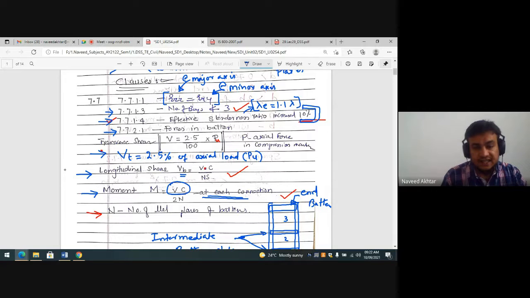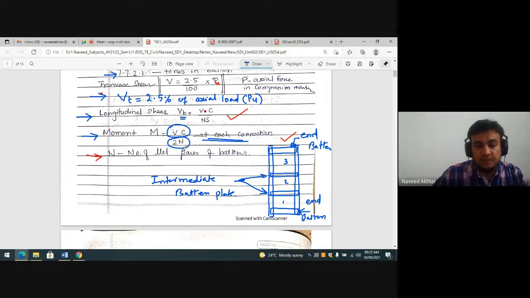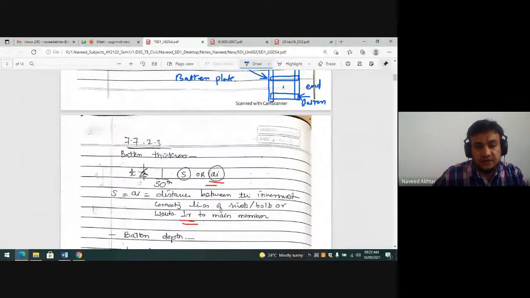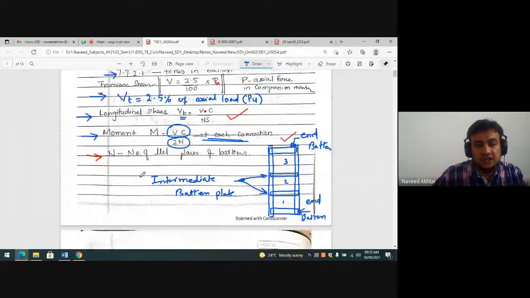Okay, and then we are dividing the moment into the number of parallel planes of the batten. So how many parallel planes are there? 2 times n. Okay, so what is the number of parallel planes of batten, and the S value we are taking over here.